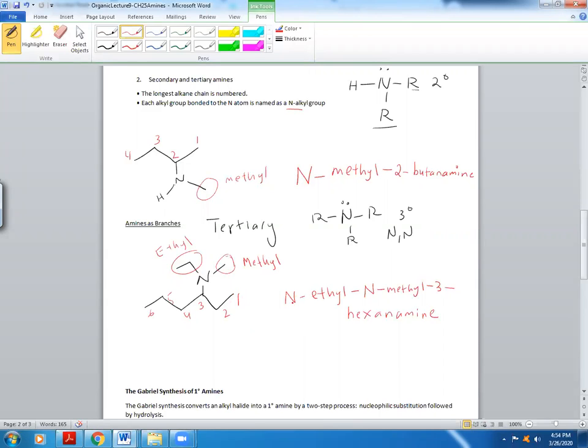So you can tell, even without drawing it, that this is a tertiary because you have 2 substituents and then you have the long chain attached to the compound. And these are very common.